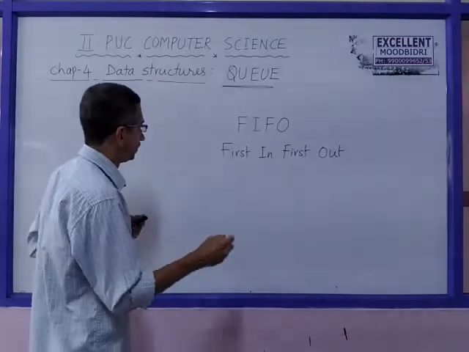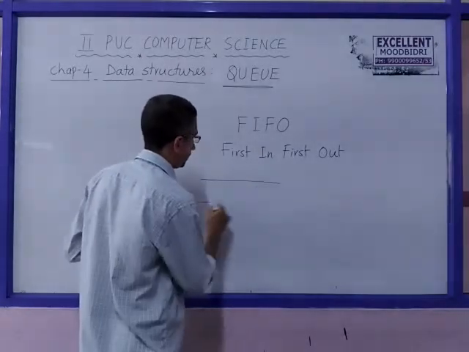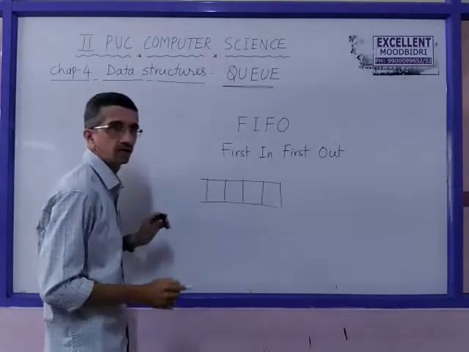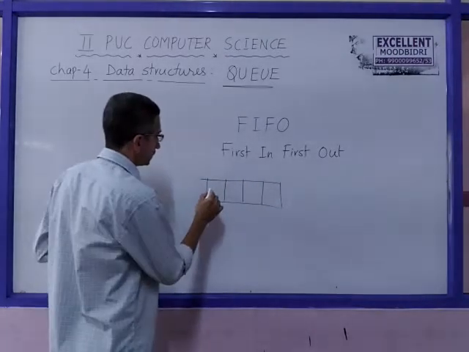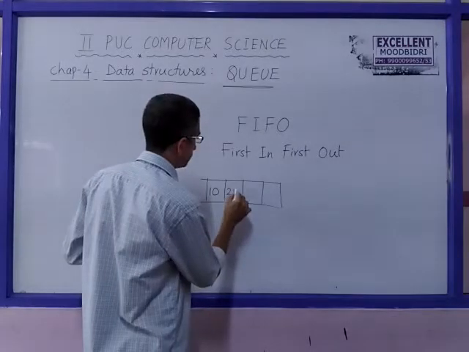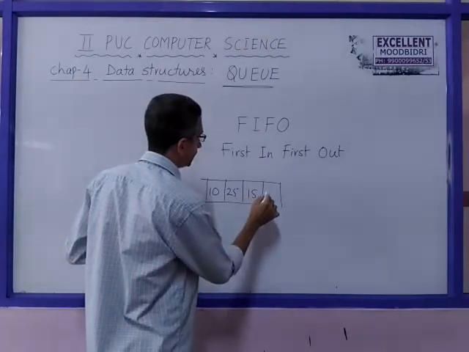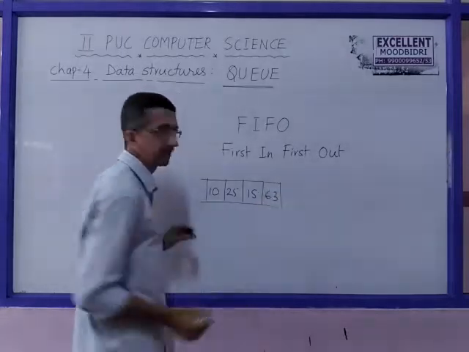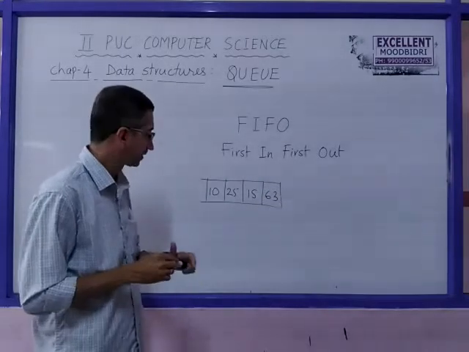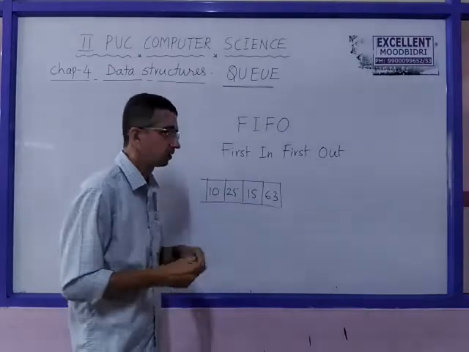So when you draw this in the form of an array like this, let us say this is a queue of items, right? Suppose the item 10 comes into the queue first, next item 25 comes, next item 15 comes, next item 63 comes, like this. So the first item entered into the queue is 10, and the next item 25, next. So this is a queue like this.